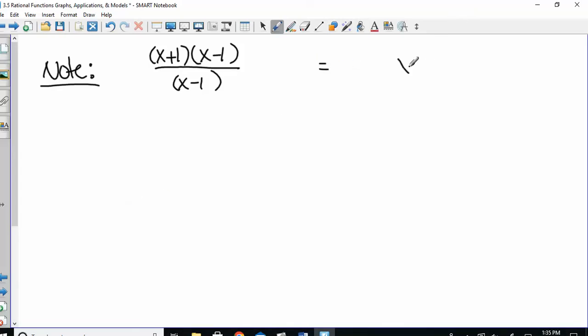Cancel it out. And so we would say that equals x plus 1, right? The x minus 1's drop. In terms of the graph, these are actually not equivalent. These are technically different because of the domains. If I'm looking at this one, what can x not be? What's the domain of this one?